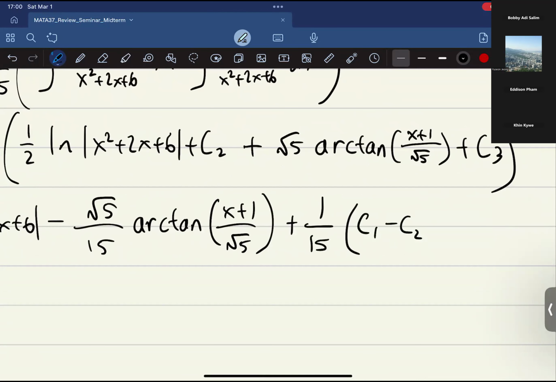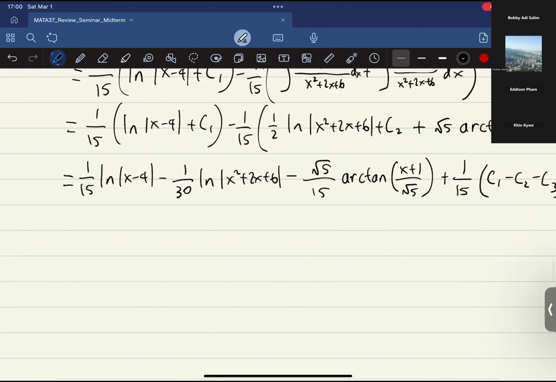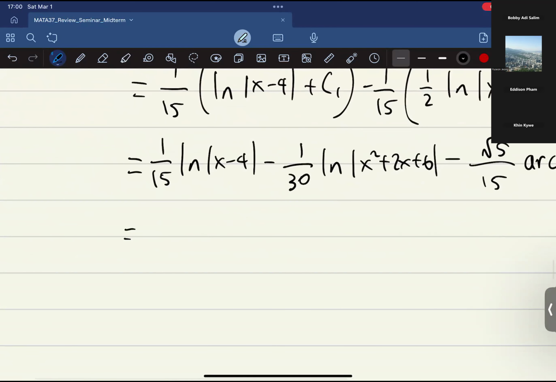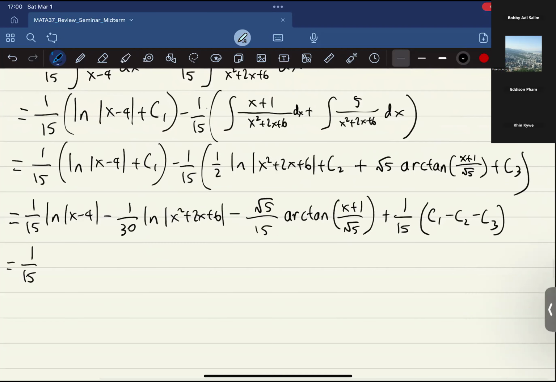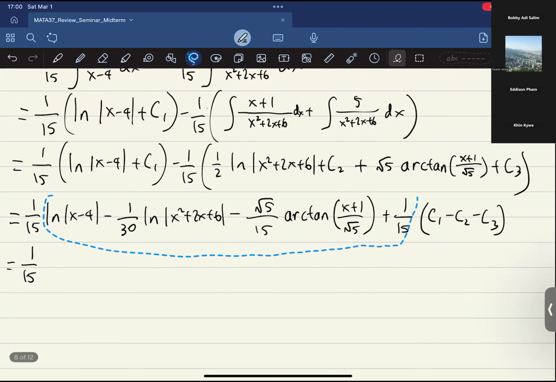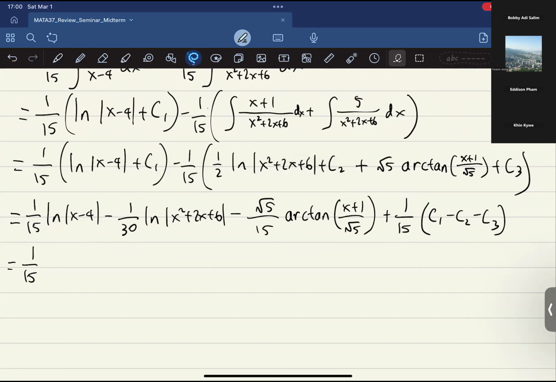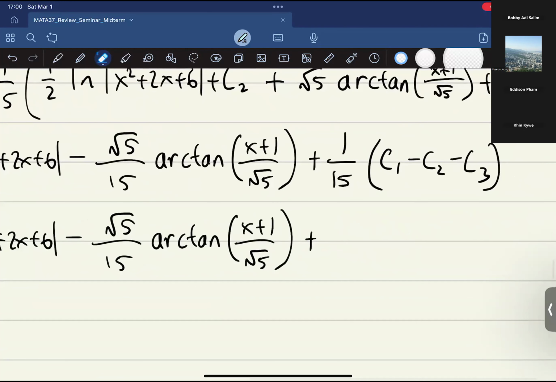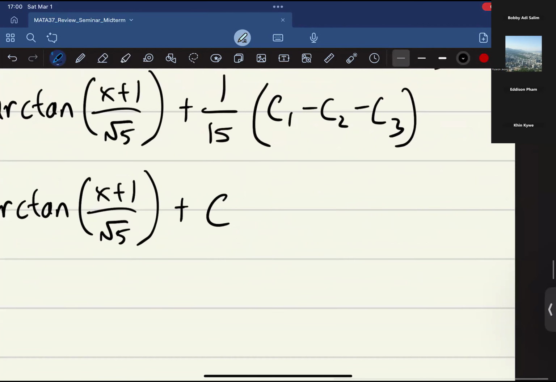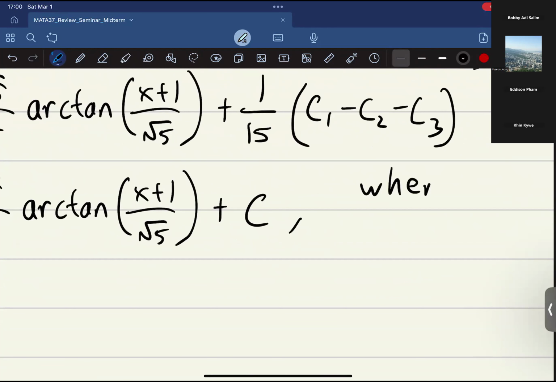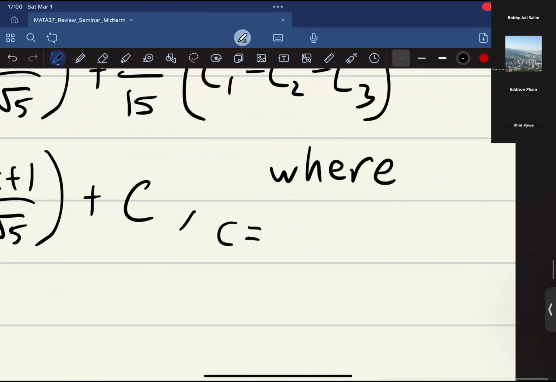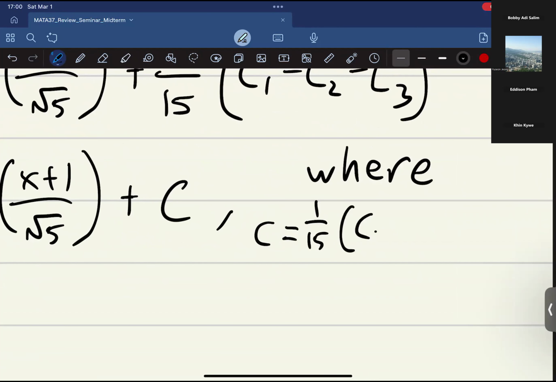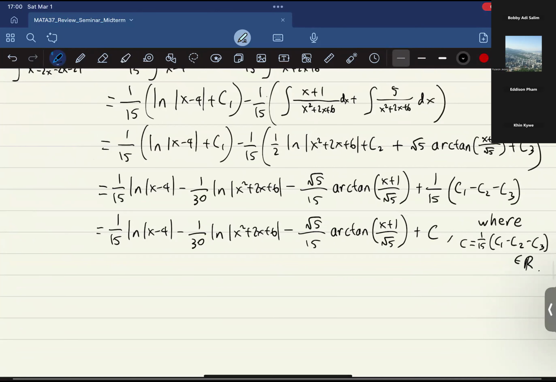C1 minus C2 minus C3. And we can group the constants into 1, by letting this term equal C. So you'll write where C is equal to 1 over 13 times C1 minus C2 minus C3, which is still in the real numbers. And yeah, this is our final result.